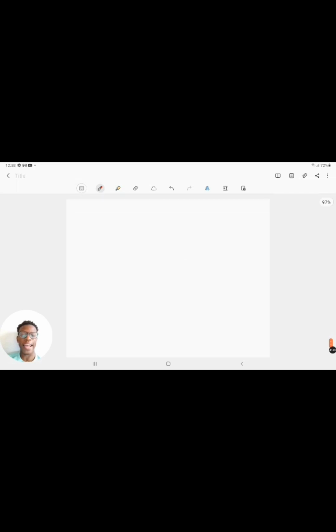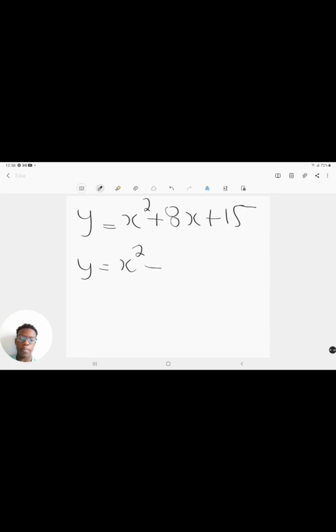You will notice that I had 3 different equations that I used as an example. The first example was y is equal to x squared plus 8x plus 15. The second example was x squared plus 8x plus 16.